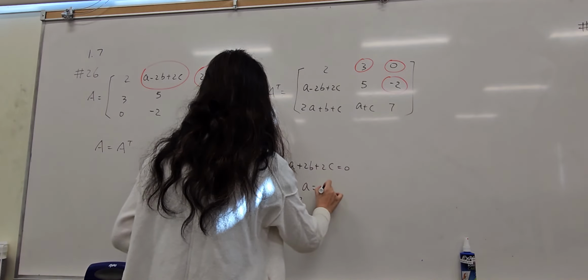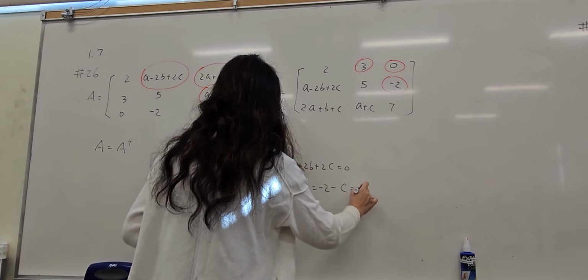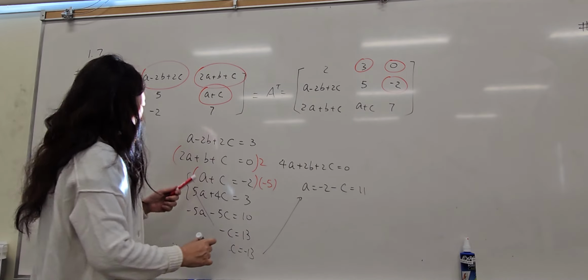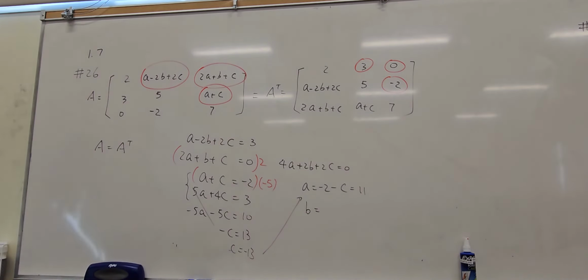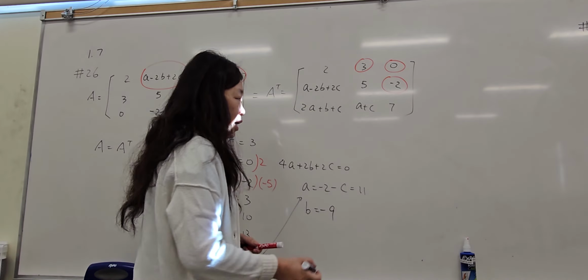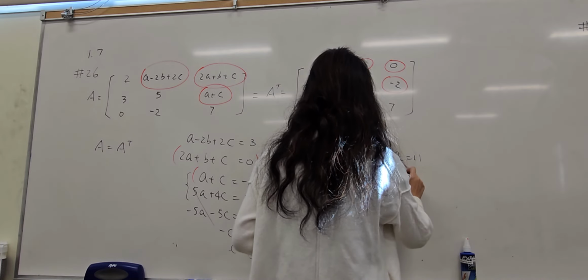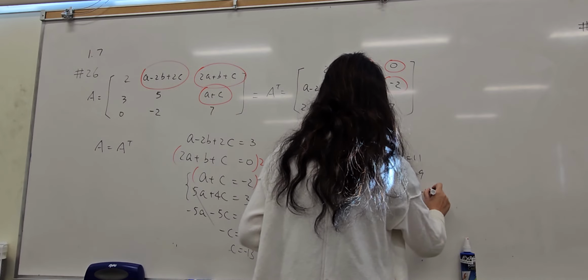Then your a will equal -2 minus the c, so equal to positive 11. And then after that you get b. To save time, let me tell you what I get for b. B is equal to -9. So my solution is a equal to 11, b equal to -9, c equal to -13.